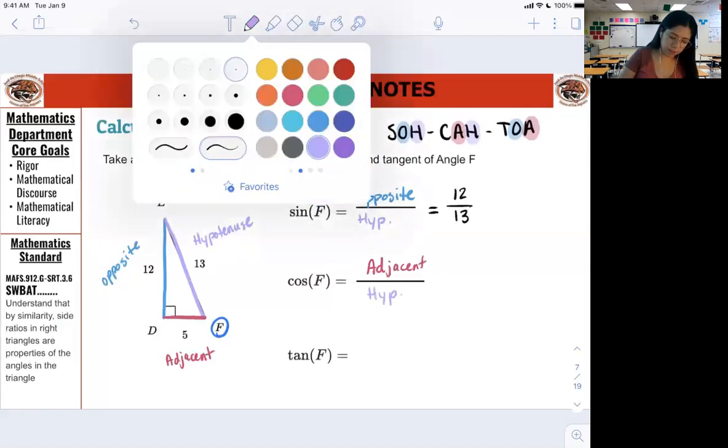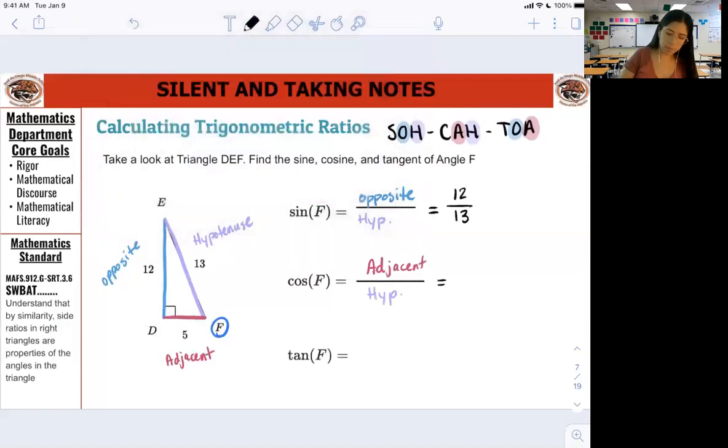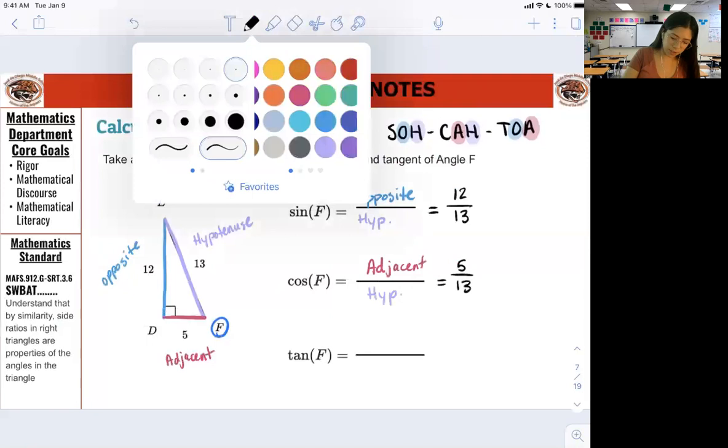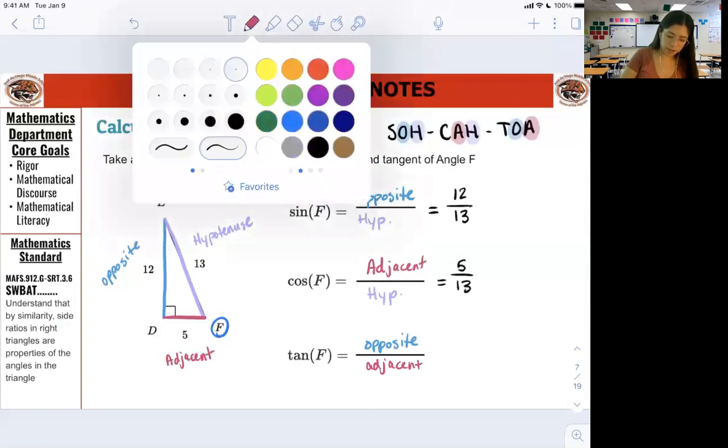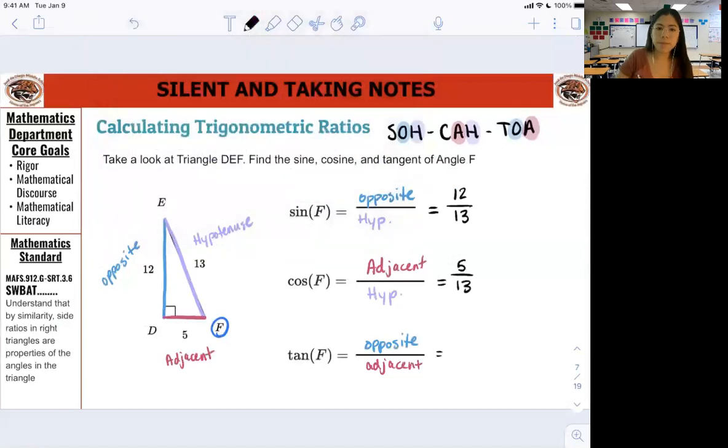Okay, so in this case, what's that going to be? Good, 5 over 13. And then finally, tangent, good, Emily, opposite over adjacent. Okay, and in this case, what's that? 12 over 5, good.